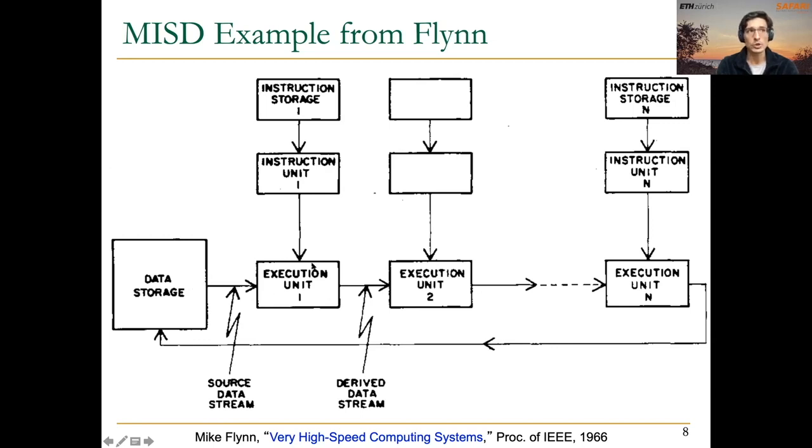Here we start feeding the execution units. As you can see, a sequence of execution units, or kind of a pipeline of execution units, are receiving instructions from some instruction storage, maybe kind of an instruction cache or an instruction memory. It follows the idea of multiple instructions that are executed by execution unit 1, 2, and so on, operating on a single piece of data that is coming through this source data stream.